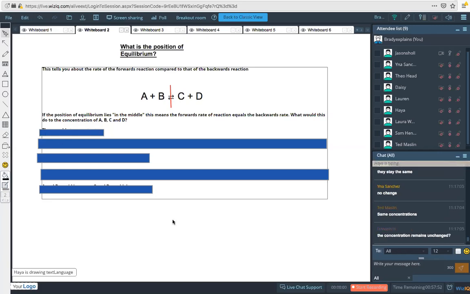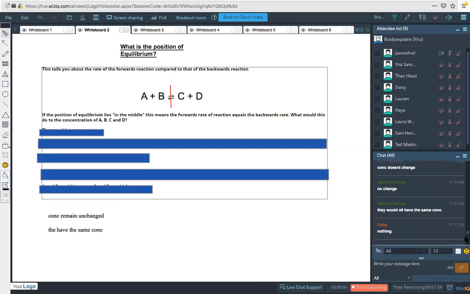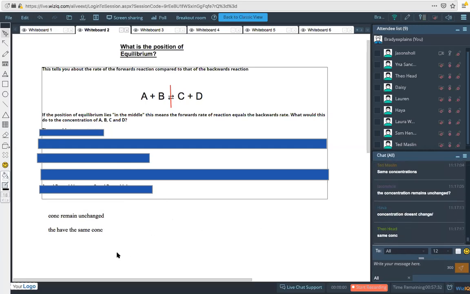Excellent, Jason. Yeah, so there's two different answers here. I'm just going to type them out. So one of the answers was the concentrations remain unchanged. The other one was they have the same concentration. Yeah, they would all have the same concentration. Now, this first one is correct.